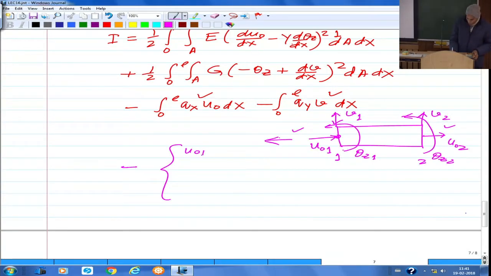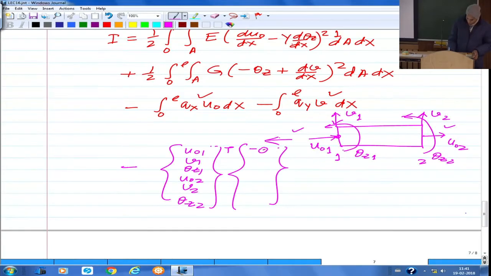So I'll write, say, first u naught 1, v1, theta z1, u naught 2, v2 and theta z2, transpose, and then all your internal forces. So internal forces are then minus q1, minus s1, the shear force here, and the bending moment minus m1, then q2, s2 and m2. I think now you understand these terminologies.